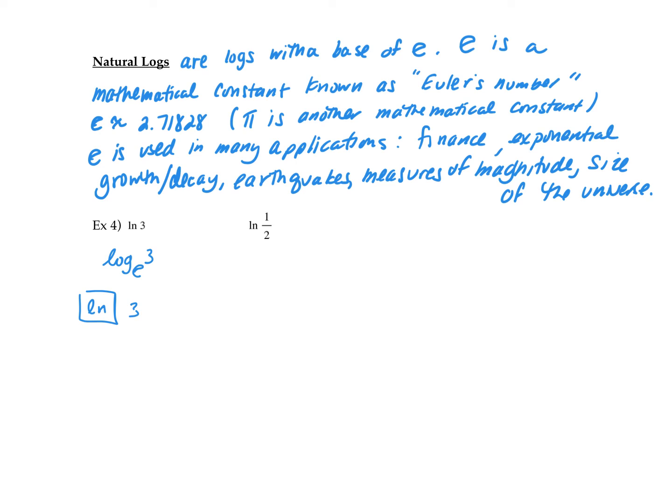We're going to approximate this to 3 decimal places. So natural log of 3 would be approximately equal to 1.099. Okay, and that's because e to the 1.099 power is approximately equal to 3.